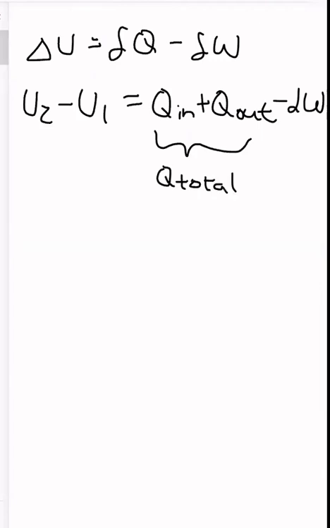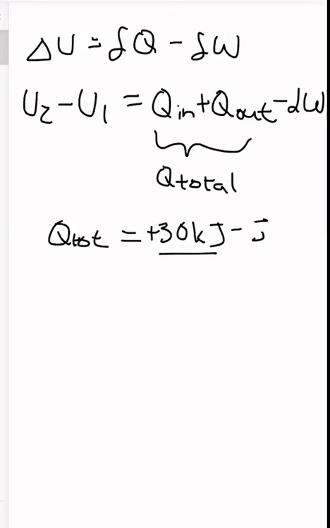And so we can get our Q total by saying our heat in, which is plus 30 kilojoules, plus our heat out. And remember our heat engine sign convention, Q in is positive, and then our Q out is negative. So we have 5 kilojoules going out, so it'd be minus 5 kilojoules. So then our Q total is 25 kilojoules.